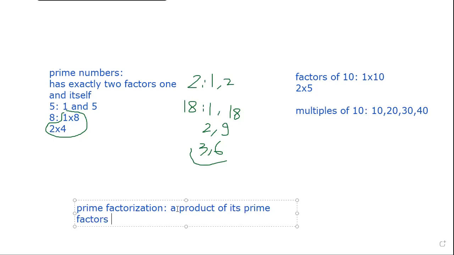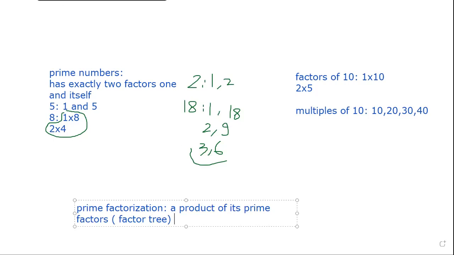What do I mean? Mostly we use what we call a factor tree. If you have been asked to find the prime factorization of a number, you will make the factor tree until all the factors become prime.